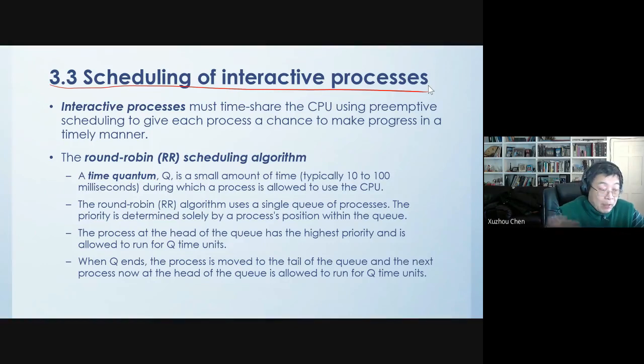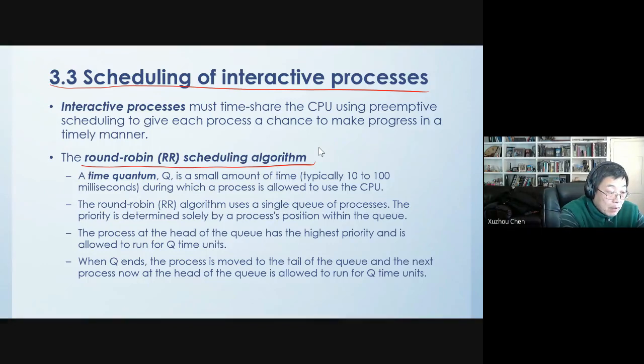If you have multiple processes that are all interactive, they are going to take the CPU back and forth in turn. For interactive processes, the widely used scheduling algorithm is called round robin.